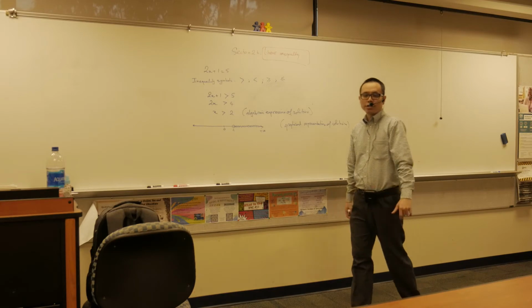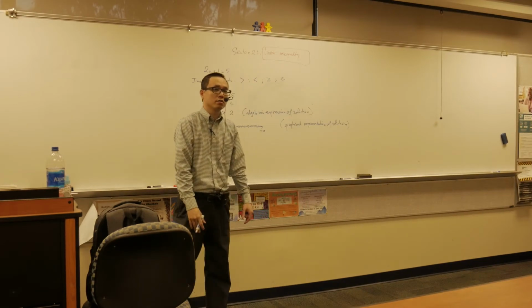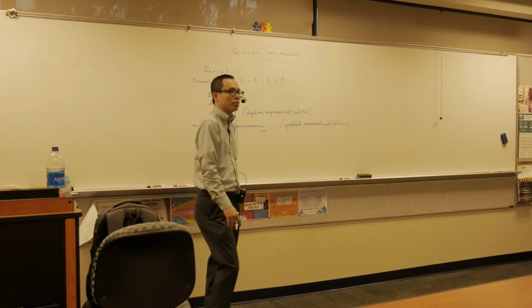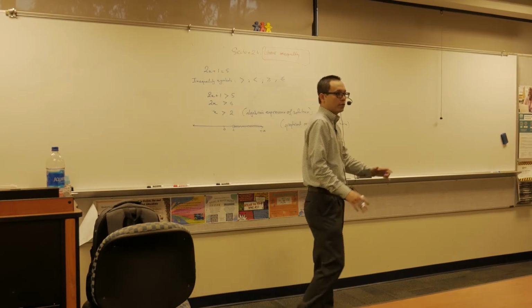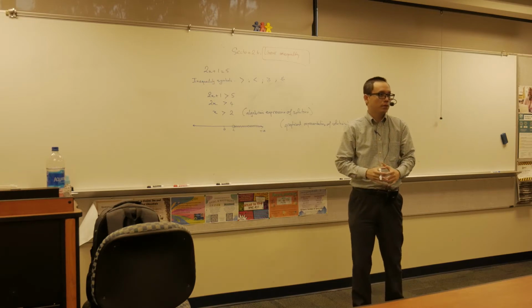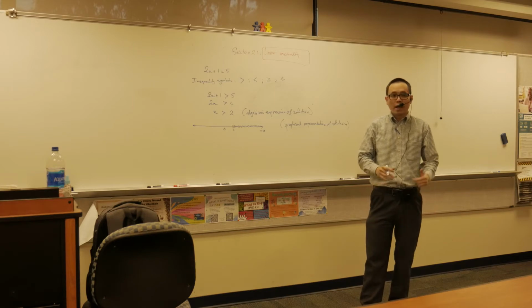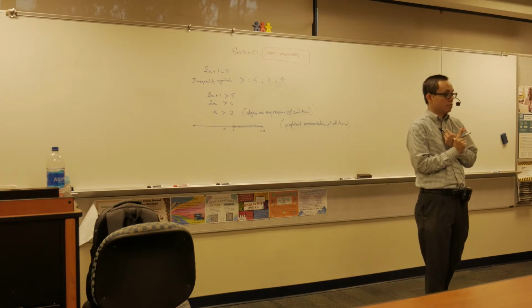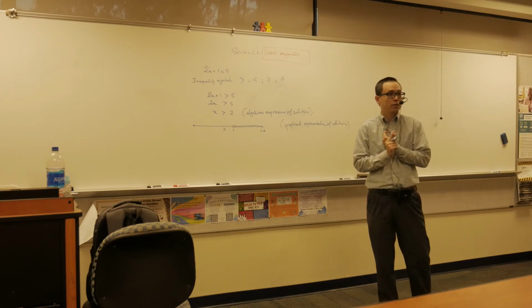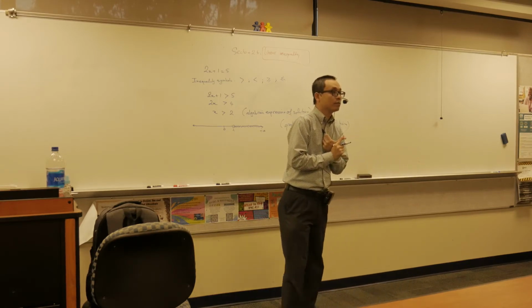Now another way to write a solution is to use interval notation. What does interval notation mean? Interval notation is just a part of the number line, the part we want to take. We use parentheses or brackets to write interval notation.